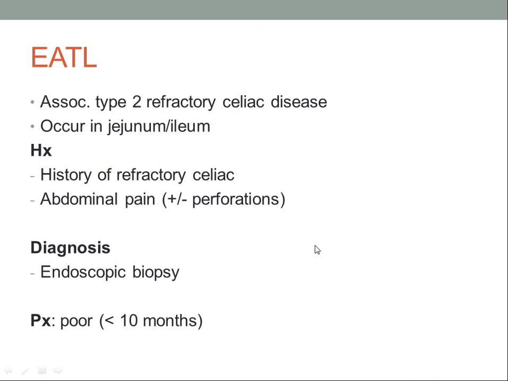Abdominal pain is also a fairly common sign, and perforations may also occur. Diagnosis is made through endoscopic biopsy, and overall the prognosis of a patient with enteropathy-associated T-cell lymphoma is quite poor, and on average we're talking about a survival of less than 10 months.